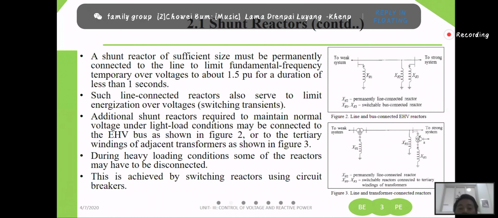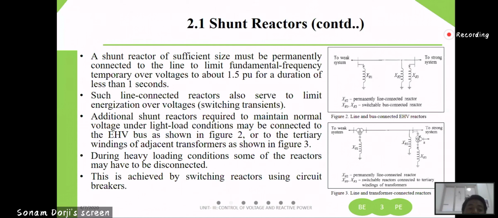This is the Ferranti effect. So now you can use a shunt reactance of sufficient size, and this shunt reactance must be permanently connected to the line to limit this.